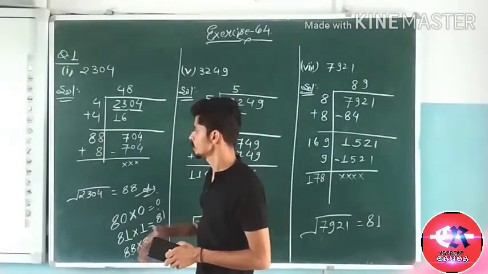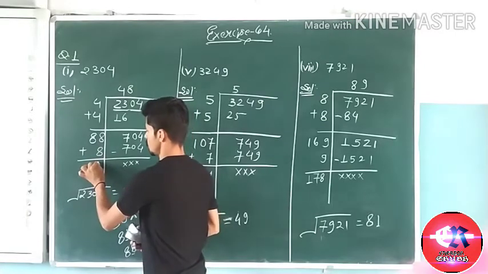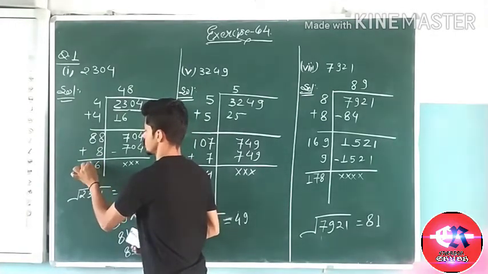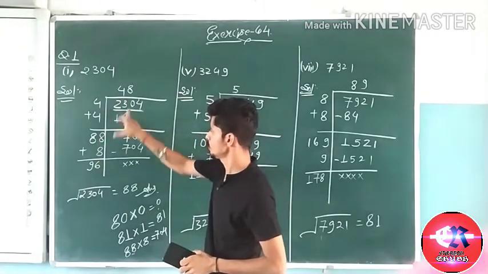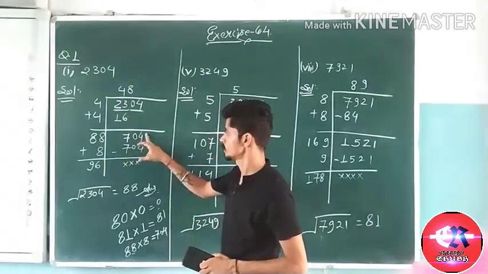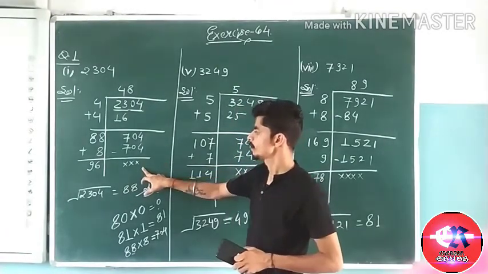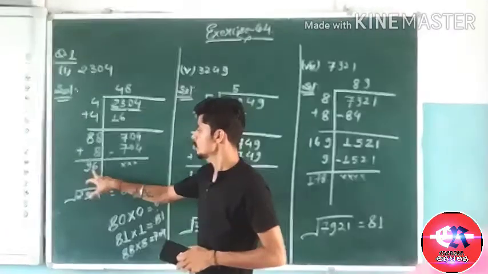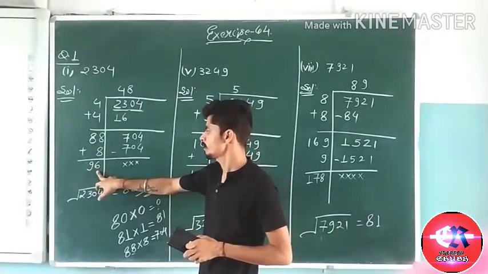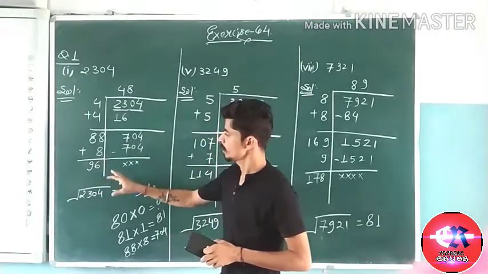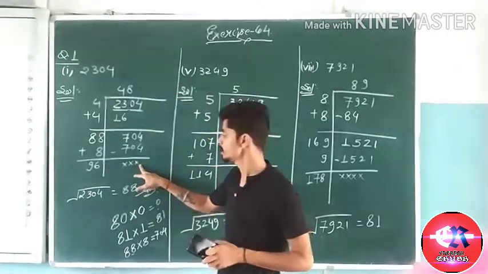Now it will be added also, so you can write the addition of these numbers. We get 96. Now 88 times 8 is 704, and 704 is subtracted from 704 itself. We get 0. If you do not do this step, that's not a big problem. So we get the remainder 0 here.